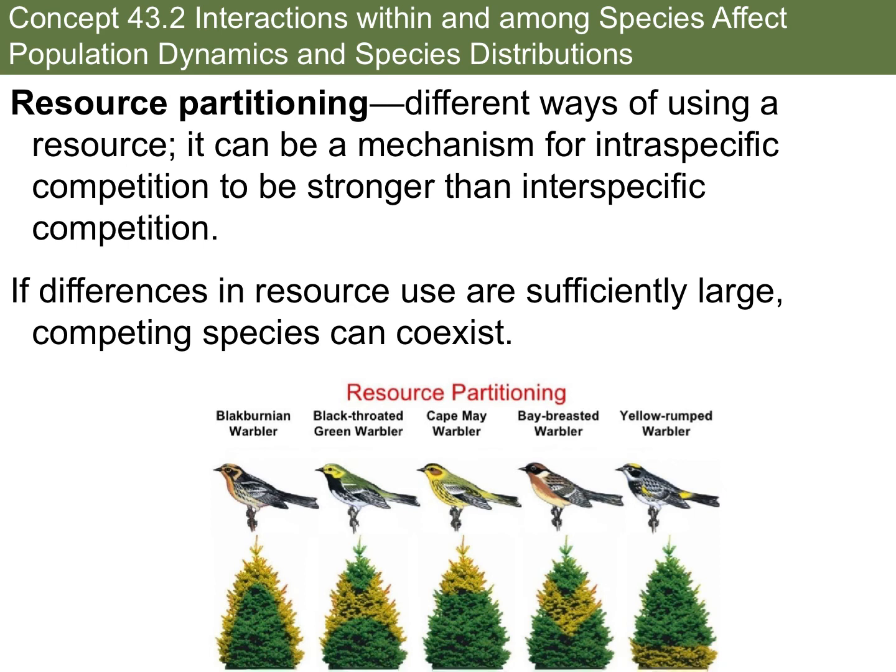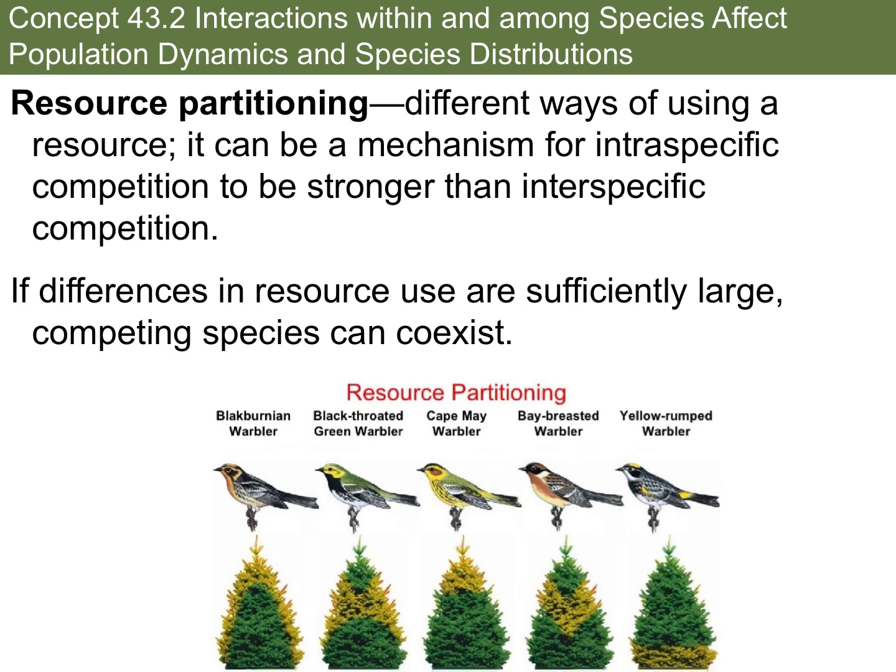Now, what some of these organisms can do is what's known as resource partitioning. Think of it as sharing. It's different ways of using a resource that can be used to make sure that all organisms survive. So in this example, they're showing you that these different species of bird are all competing for this same tree.